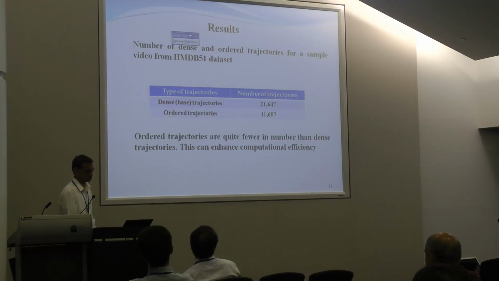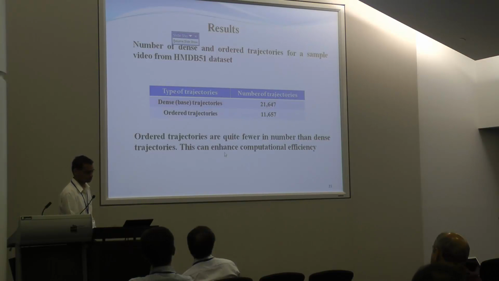So now I'll come to the results part. I'll give you an idea of how many audit trajectories there are in, suppose, a video. For example, for a video from the HMDB51 dataset, the dense trajectories number around 21,000. The audit trajectories are nearly only 50%, 7,657.